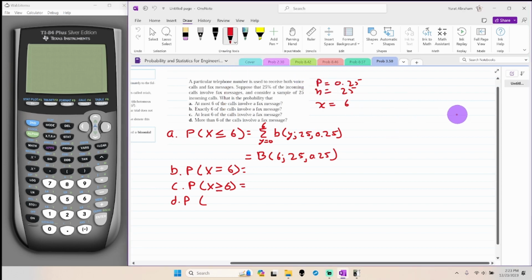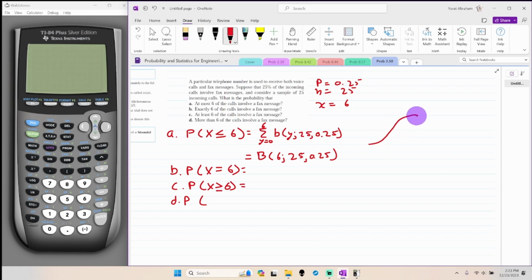In our case here, for letter A, for example, here's the 6, here's the 25, and at most looks like this. So in our case, the calculators, and also if you see a table, most tables, of course, read from left to right.